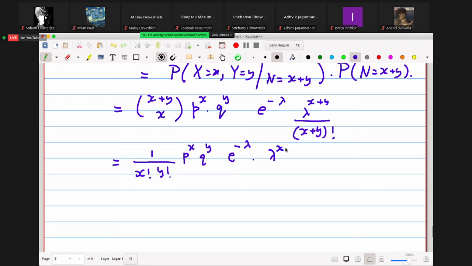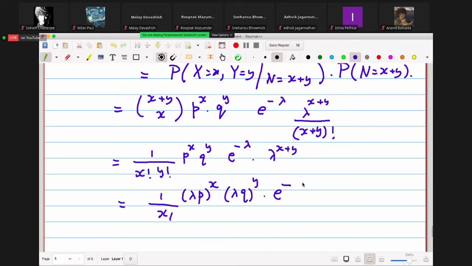I just do this simplification in the next step. Maybe it is better to write it as 1 by x factorial, with this lambda to the power x clubbed with this one, lambda p to the power x, and then lambda q to the power y, and then e to the power minus lambda.